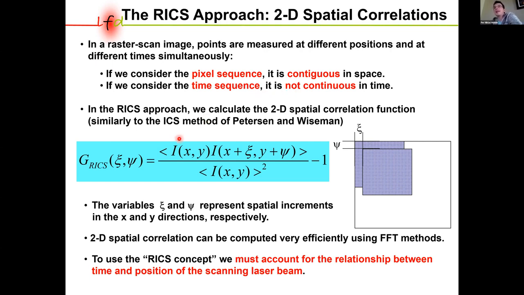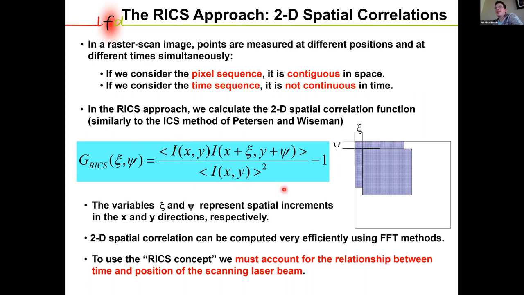Okay, so we now have to calculate the correlation function, which, because it's an image, a 2D system, is also in 2 dimensions. But if you look at the formula for single point FCS, it will look very familiar. So we have the intensity at a certain location, XY, multiplied with the intensity at XY, but plus a certain pixel shift and plus a certain line shift.